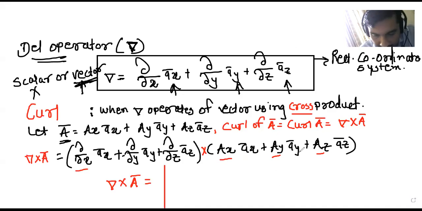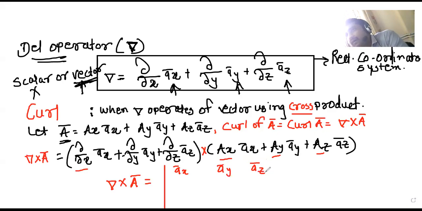the first row, as per definition, has to be a bar x, a bar y, a bar z, right? Second row as per definition was ax, ay, az. But here in this case, which coefficients do we have? d by dx, d by dy, and d by dz.